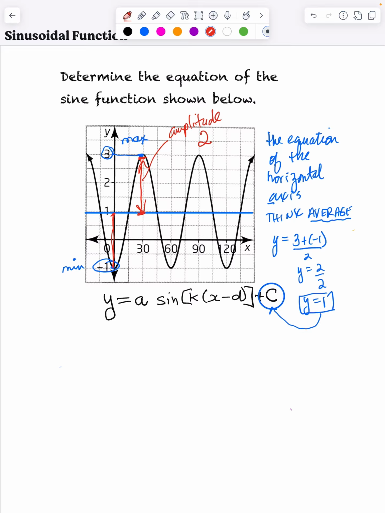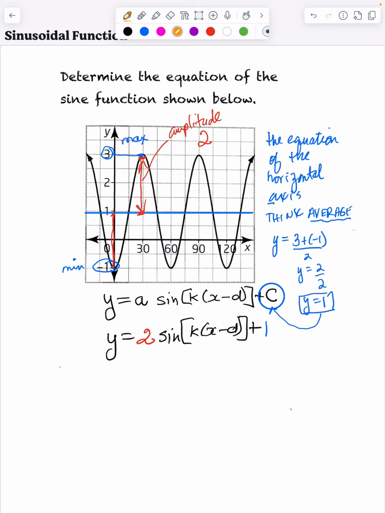So if I start with this equation, I can fill in some of the information. 2 goes here. Then we have sine K x minus D plus, and I can put the 1 in here. Now the only thing that I need is the K and the D.